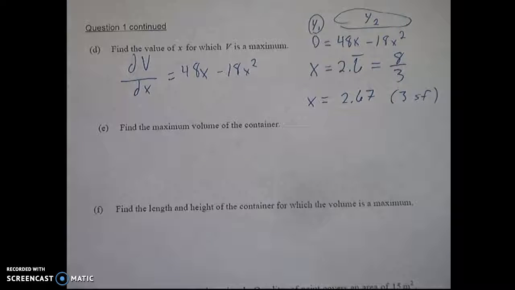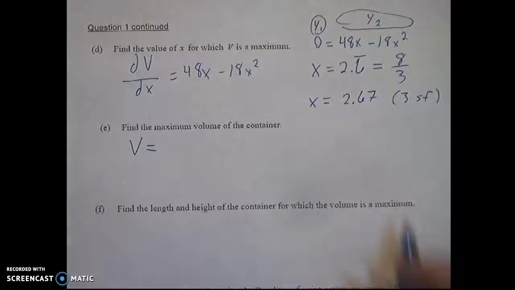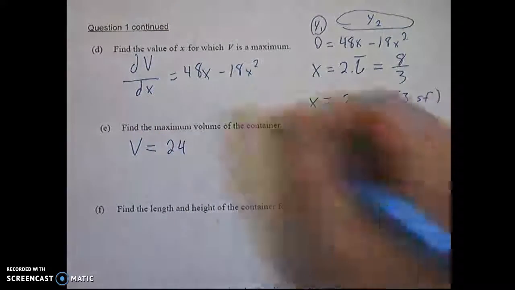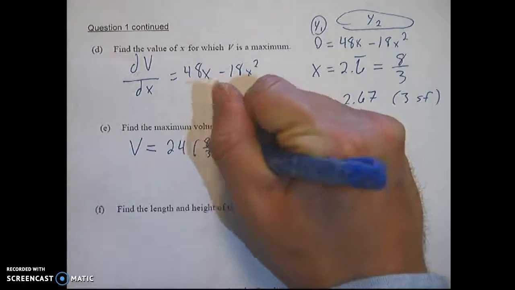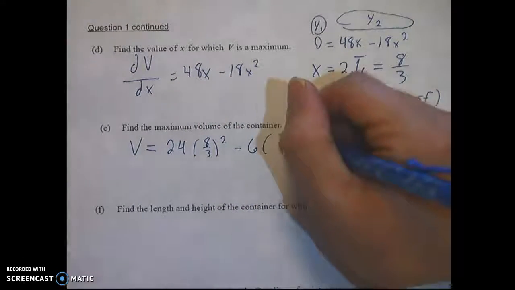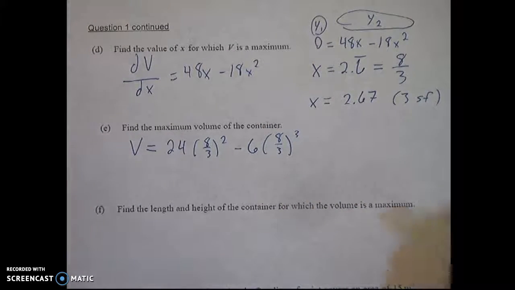Part E here, we're going to find the maximum volume of the container. So all we need to do is plug this 8 over 3 into the volume function, which we already have defined. So that's going to be 24 times 8 over 3 squared minus 6 times 8 over 3 cubed. And that's just calculator work.